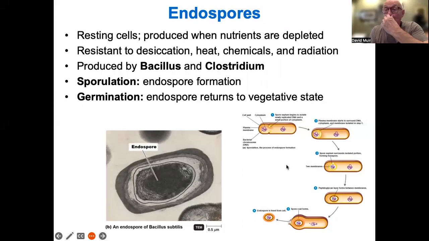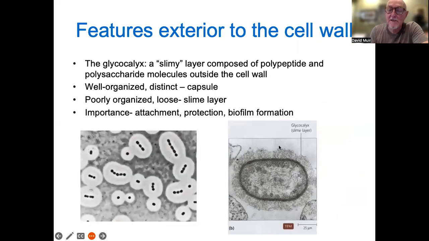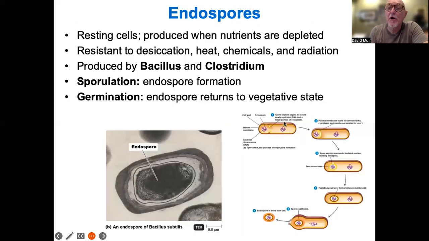Normally, you realize that bacterial cells will grow and then divide equally to form two daughter cells. When Clostridium or Bacillus grow in adverse conditions, they begin to divide differently. Instead of dividing equally, they duplicate the DNA, and they divide so that there is an unequal division, there is a small cell.